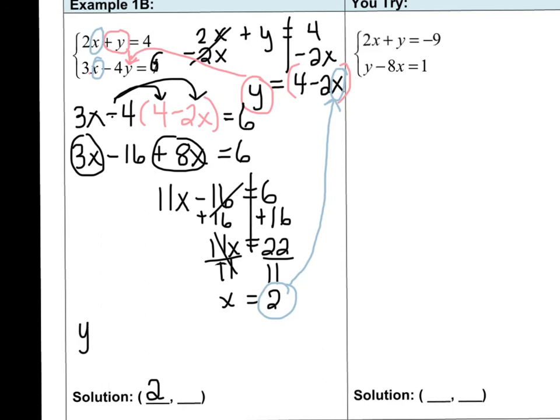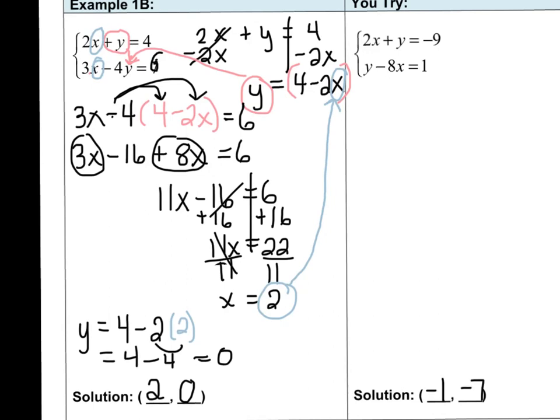So we have y equals 4 minus 2 times 2. So we'll solve that. It's going to be 4 minus 4, which is 0. So it means that these two equations cross at 2, 0.